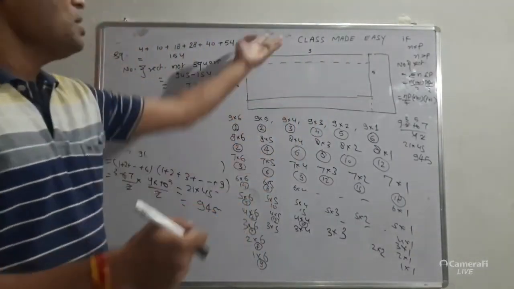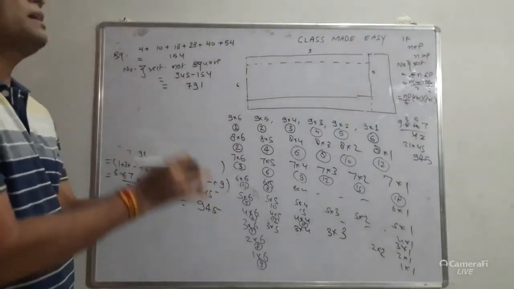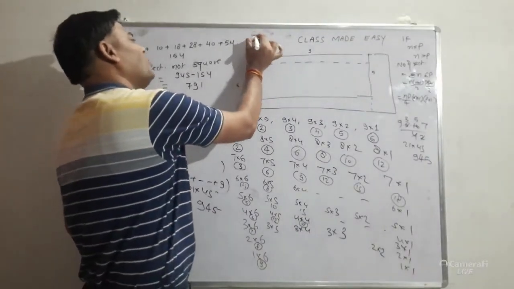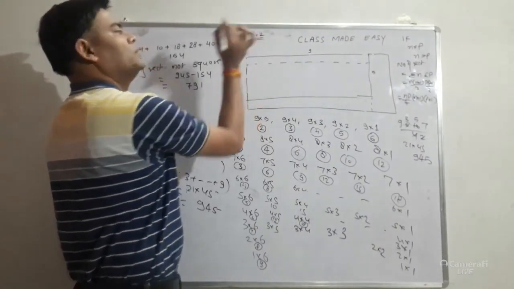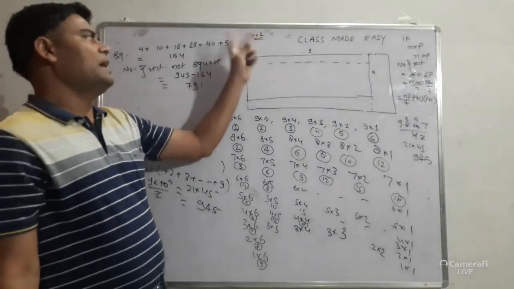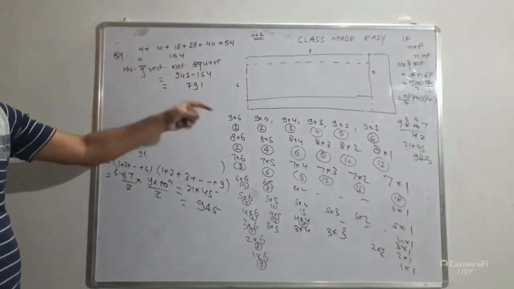You can take at home 4 by 3 or 4 by 2 size and make the rectangles. I am writing here: you can make 4 by 2 rectangles and squares, and write the answers in the comment section. Okay, so this is 791.